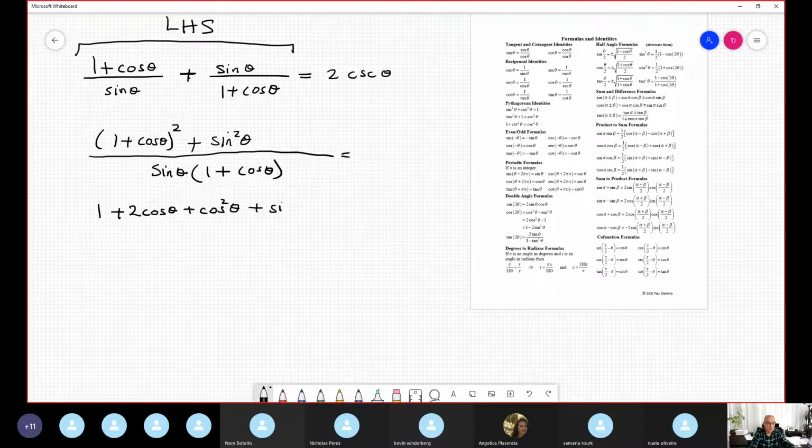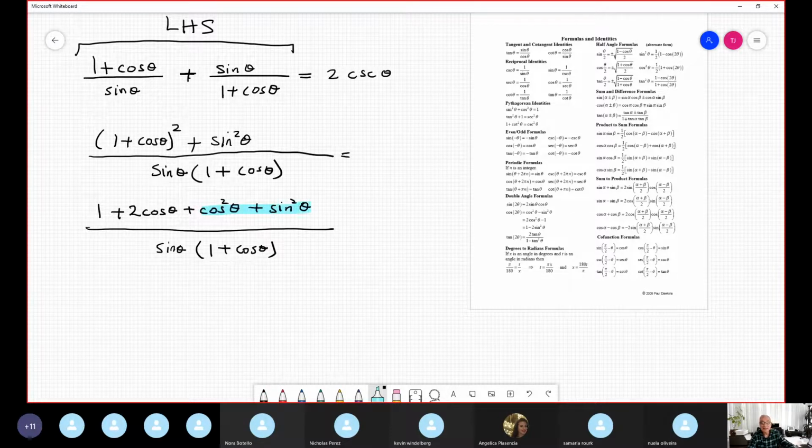Do you want me to do it for you using FOIL or no? We can use the formula, Professor. It's better. So, in my opinion, yes. Okay, super. Now I can see, wow, look at that. This guy is this guy. Let me zoom in.